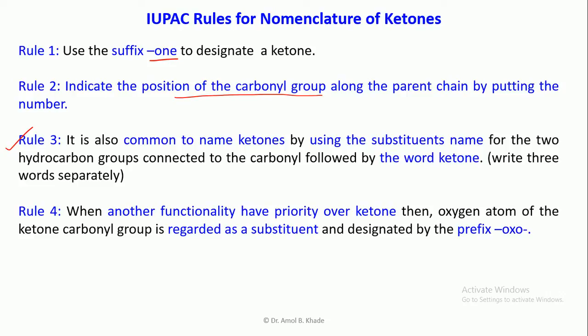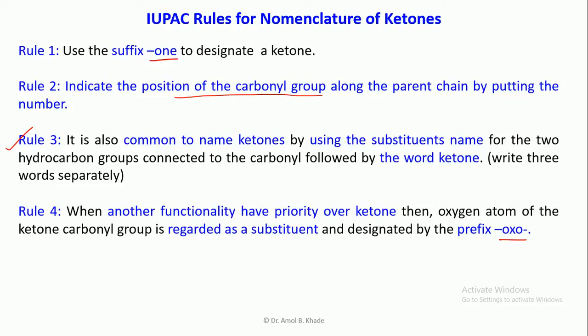Then rule number 4: when another functionality has priority over ketone, then the oxygen atom of the ketone carbonyl group is regarded as a substituent. If you have any functionality with higher priority than the ketone, then the ketone will not have the suffix one, it will have the prefix oxo.